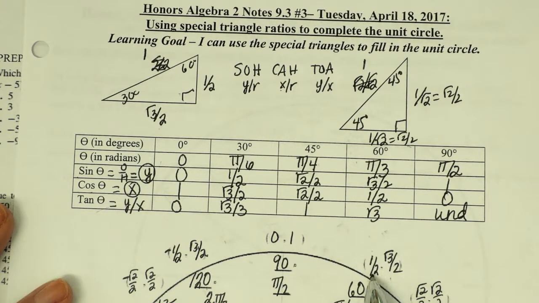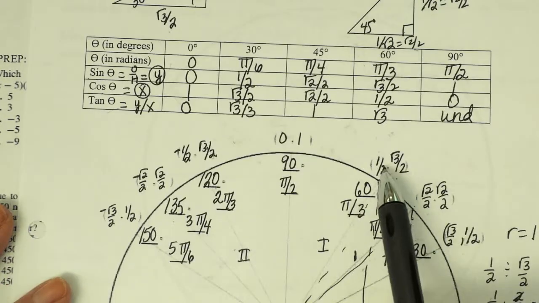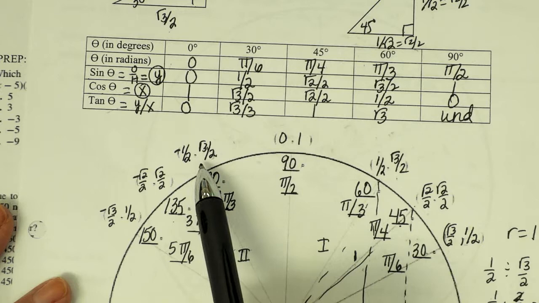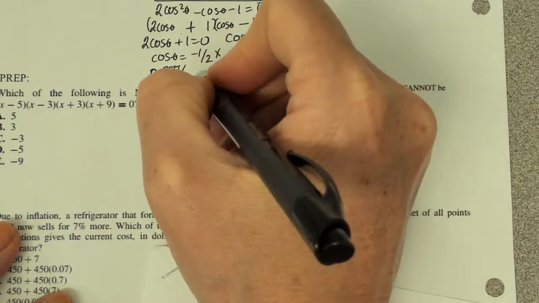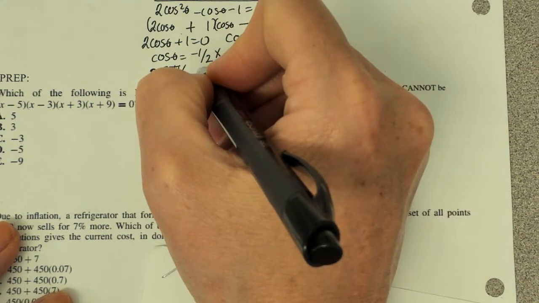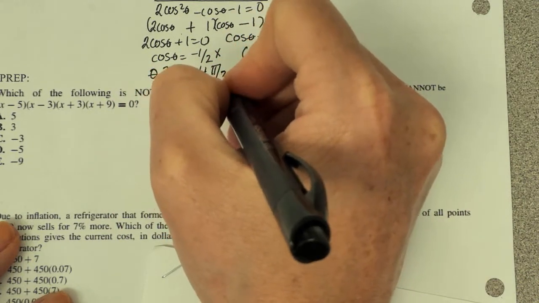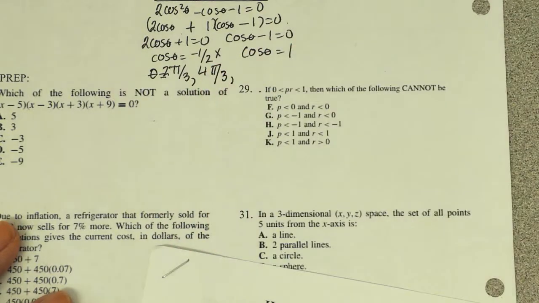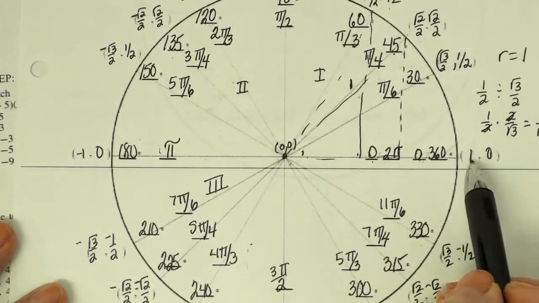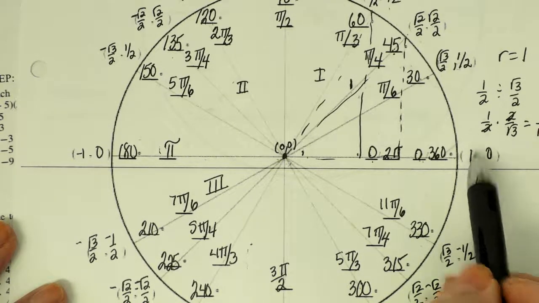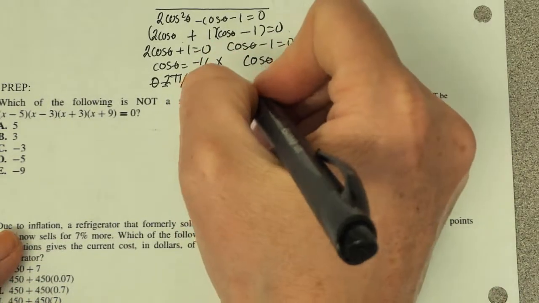So x is a positive 1/2 here at pi over 3. We want it to be a negative 1/2. So what's it going to be? 2 pi over 3. And what was your other one? Right. And then looking at this, where x is 1, that's just right here that x is 1. So that's just going to be at 0.